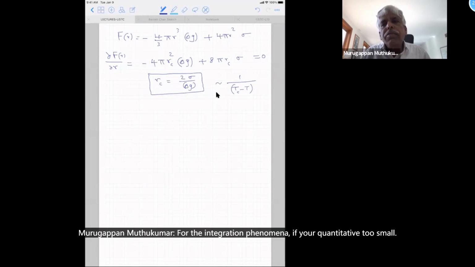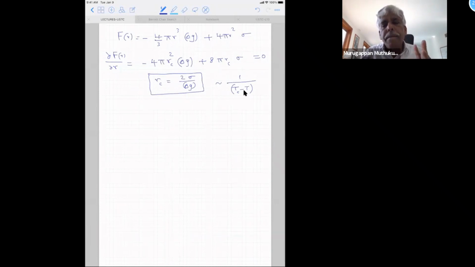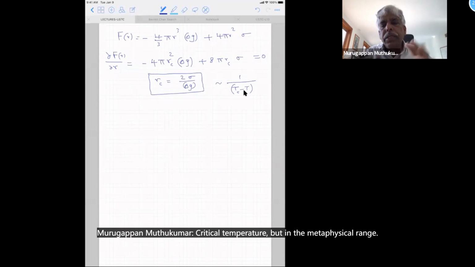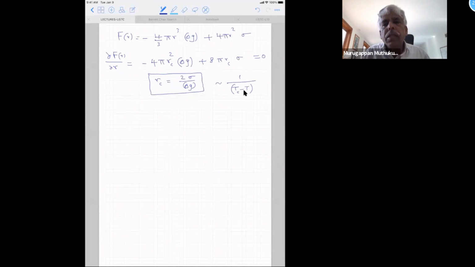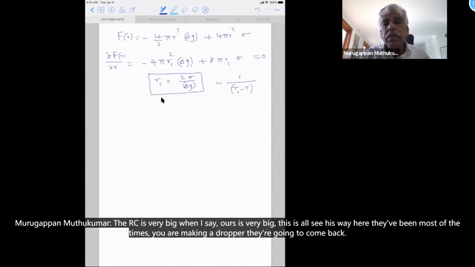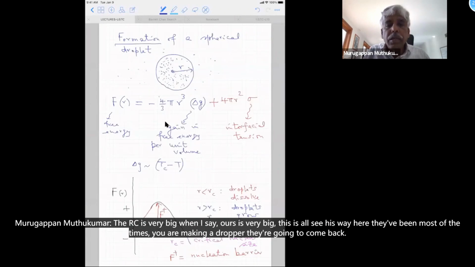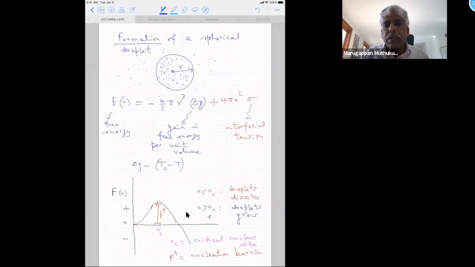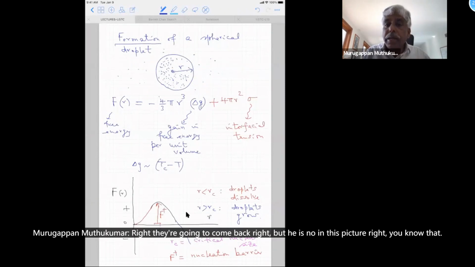For the nucleation phenomena, if your quench depth is small, that is, you just lower the temperature only a little bit below the critical temperature, but in the metastable range, the RC is very big. When I say RC is very big, this RC is way here. That means most of the times you are making a droplet, they're going to come back, right?